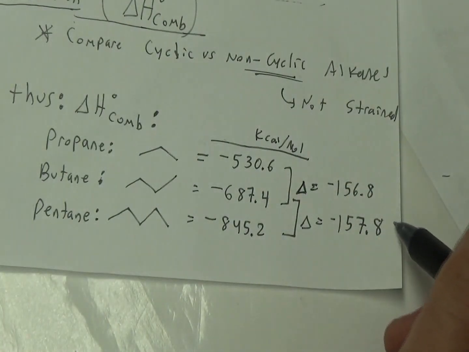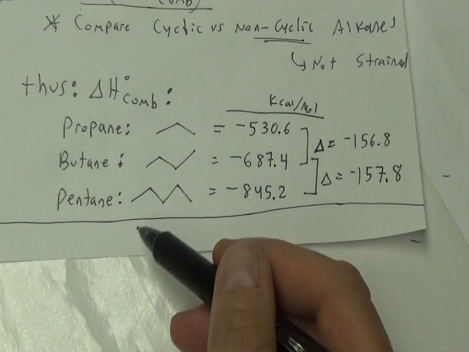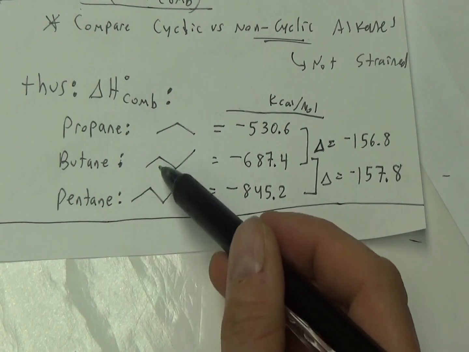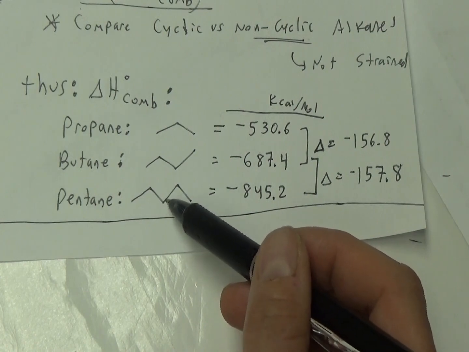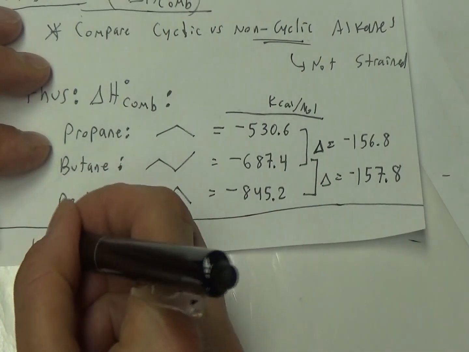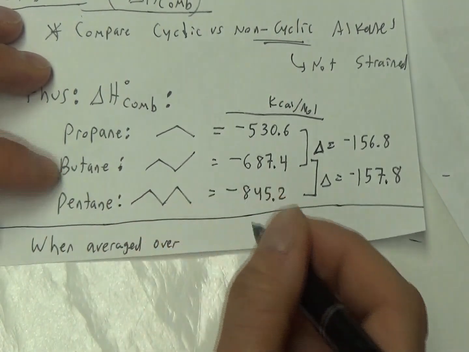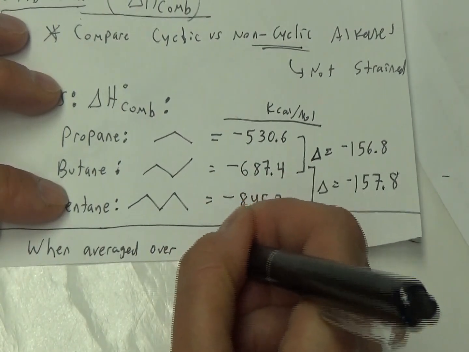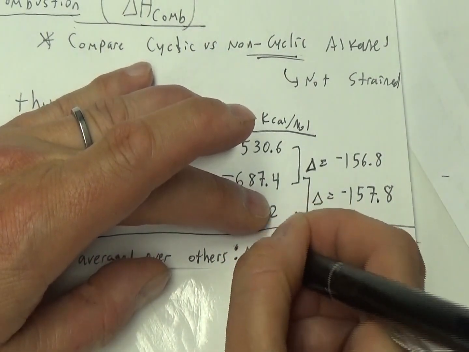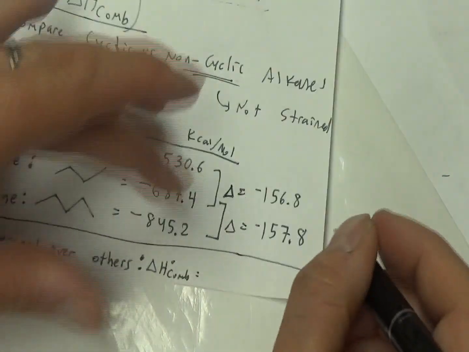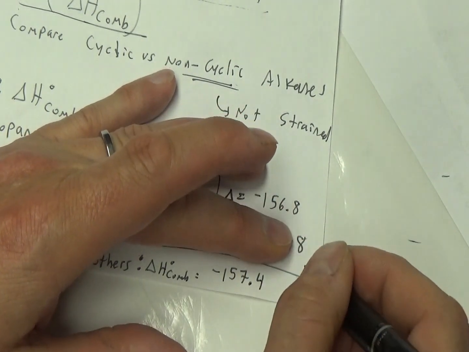Okay. And now imagine we just do a whole bunch of these, a whole series of these alkanes. So when averaged over others, we'll say delta H combustion is negative 157.4 kilocalories per mole.